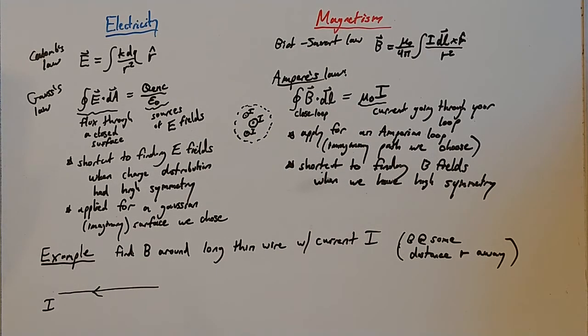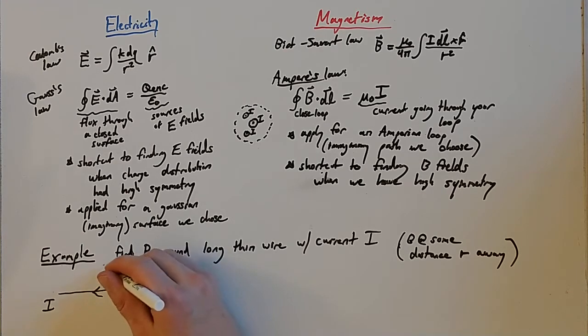The example I want to do is to think about what's the magnetic field around a long, thin wire that has some current I? What do we mean by that? Well, if I pick some spot a distance little r away from the wire, what's the magnetic field at that spot?